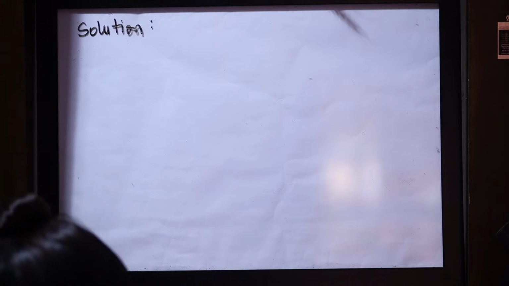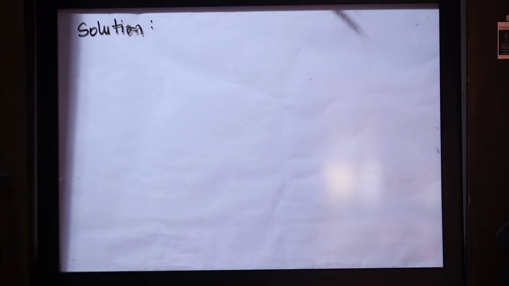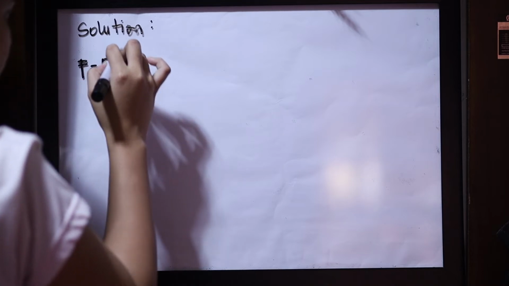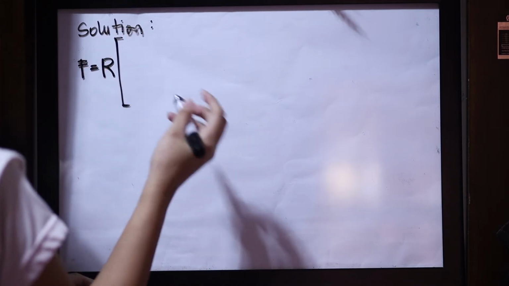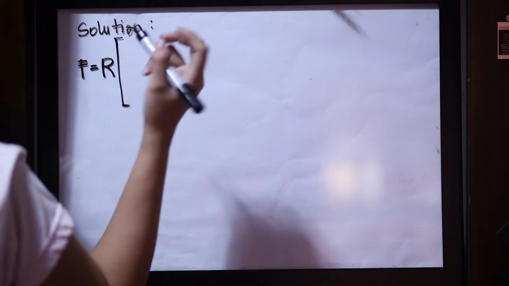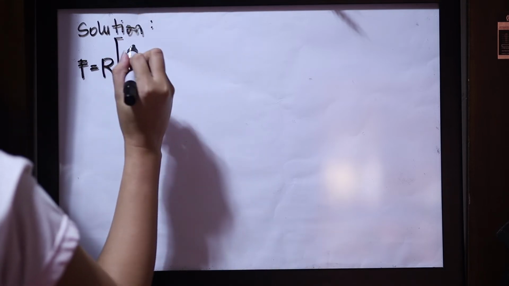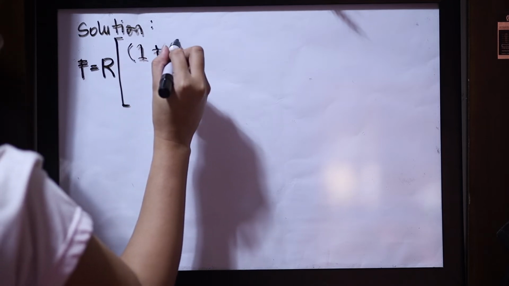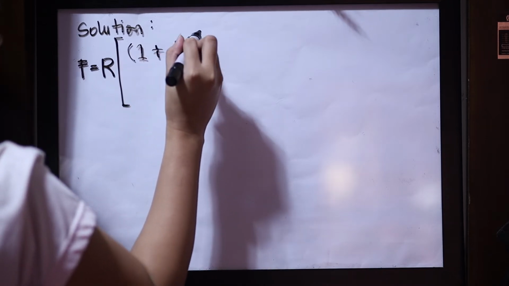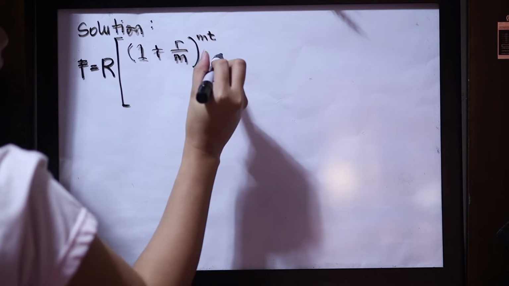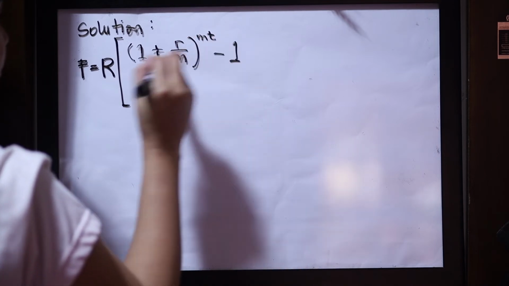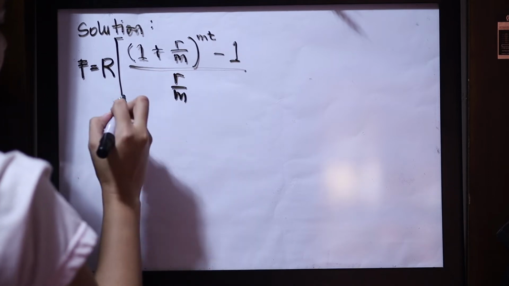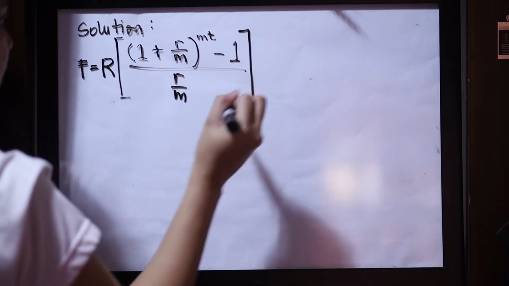So, I'll just write the formula. So, F is equal to R daw. Pero, no need to write this one if sa mga activities ninyo. Sinusulat ko lang for discussion purposes. So, we have open parentheses 1 plus R over M raised to M times T or Tm minus 1 all over R over M. And then, you substitute the given values.